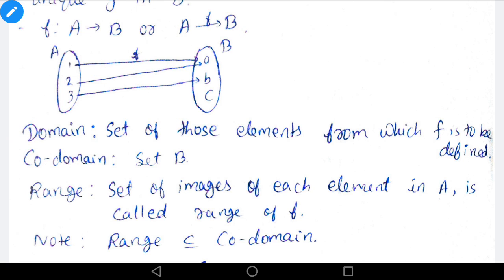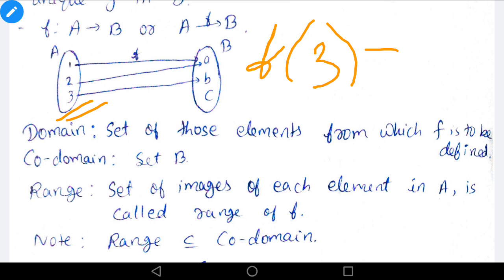Also, there must be a solution for all the elements. If I write f of 3, for example, and I did not get any answer, then it is not a function. The main condition is that all the elements must have a solution.